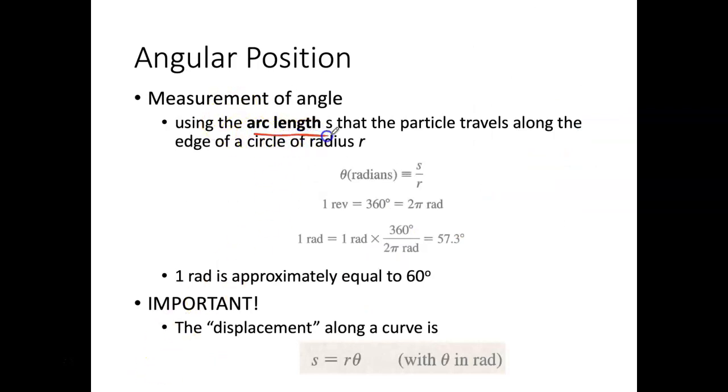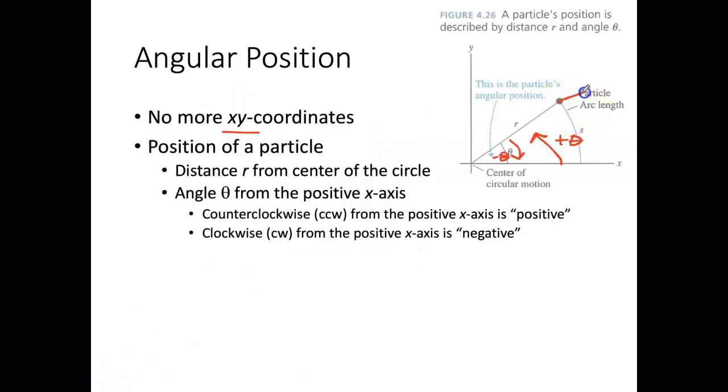The arc length of a particle that travels along the radius of a circle. So if you remember, if we go back, you'll notice that we do have an arc length here, and that arc length is s. So that's how long the arc is at a particular angle formed by that particular radius.